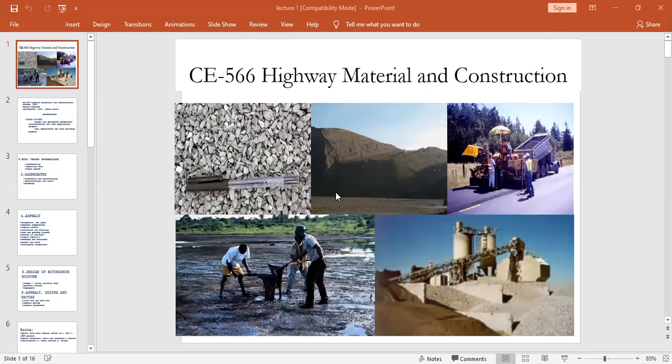Then Marshall method, the most common, adopted and accepted method of mix design in the country. And then there is the latest, and when I say latest, it's actually 15 years now that people started using Superpave. So what is Superpave? Superpave is also a method of designing a bituminous mixture.